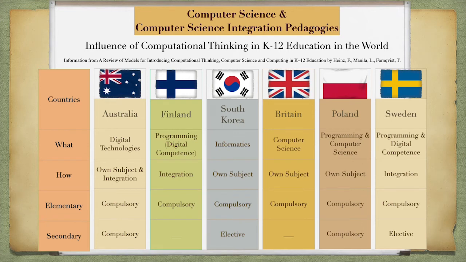Sweden. In 2018, Sweden started to introduce programming in primary school and to increase access to programming and computer science in secondary school. The focus is to strengthen students' digital competence and to strengthen critical thinking and problem-solving skills.